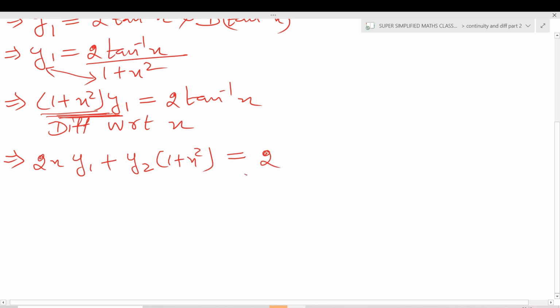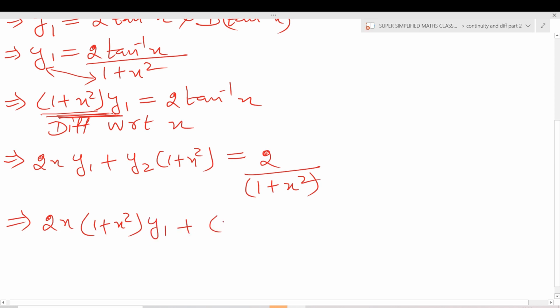Derivative of tan inverse x is 1 upon 1 plus x square. Again cross multiplying this 1 plus x square on left hand side, so we get 2x (1 plus x square) into y1 plus (1 plus x square) whole square into y2 is equal to 2.